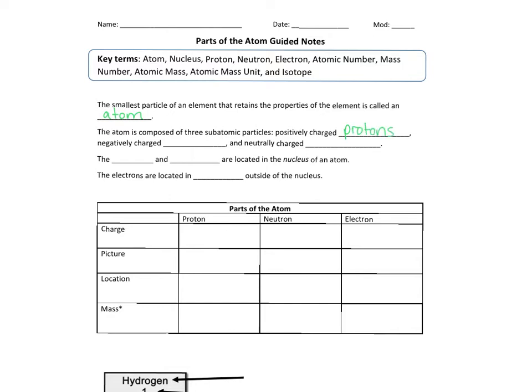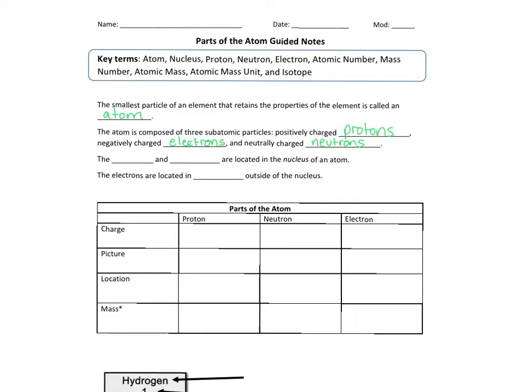We have negatively charged, not neutrons, electrons. Just because protons starts with a P like positive doesn't mean that happens with electrons. And then neutrally charged neutrons, that's where that comes in. I just spelled neutrons wrong. Whoops. That's what I get for writing and talking at the same time.